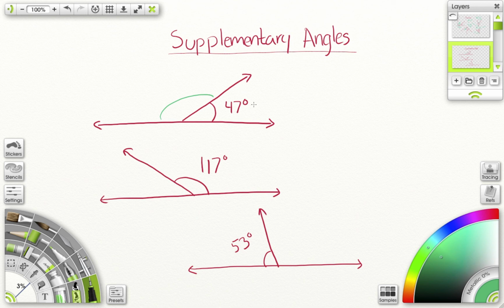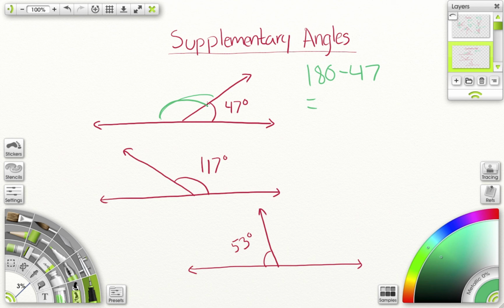And that's the only difference, is that it just has to add up to 180 instead of 90. You do the same process that you would do with complementary angles. You take 180 instead, so 180 for supplementary minus 47, and that will give you what this missing angle right here is.